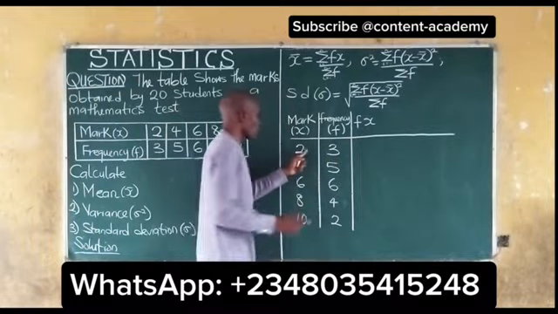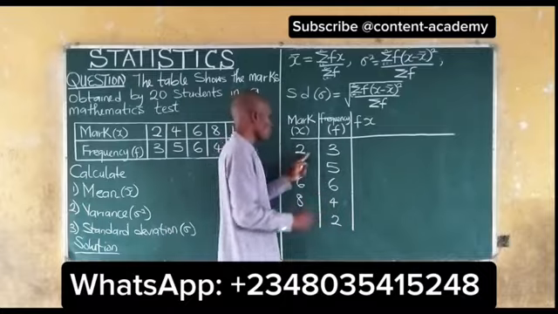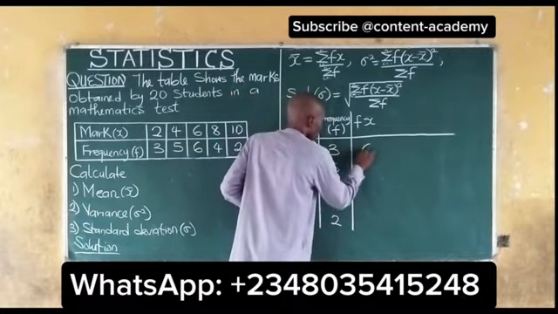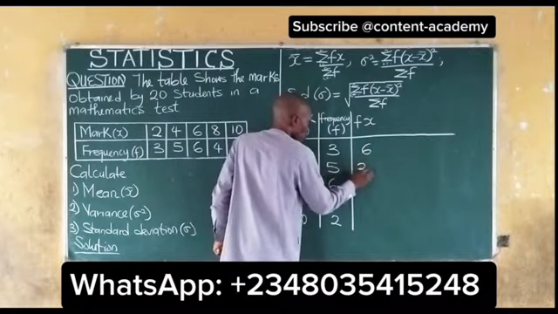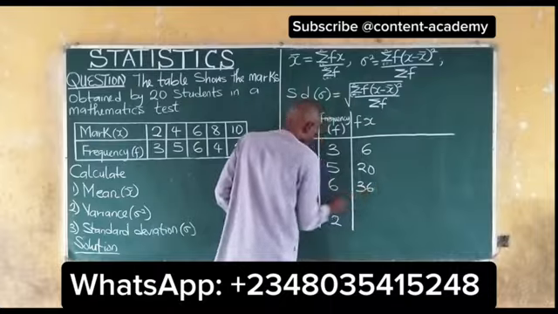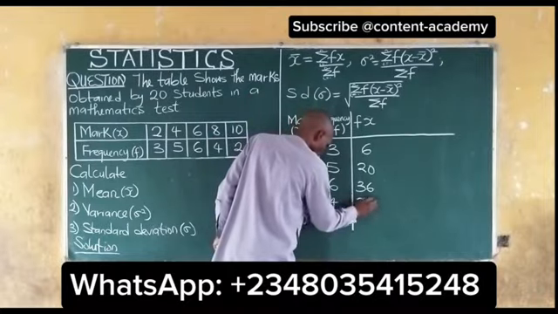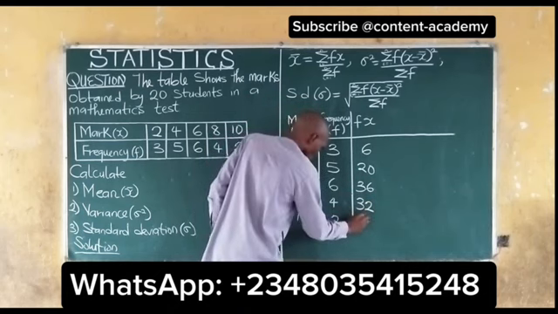So f of x is this multiplied by this. We have 2 multiplied by 3, which is 6. 4 multiplied by 5, which is 20. 6 multiplied by 6, which is 36. 8 multiplied by 4, which is 32. And 10 multiplied by 2, which is 20.